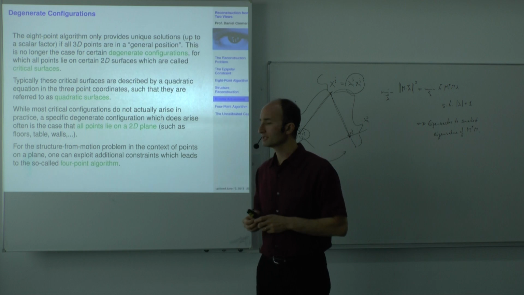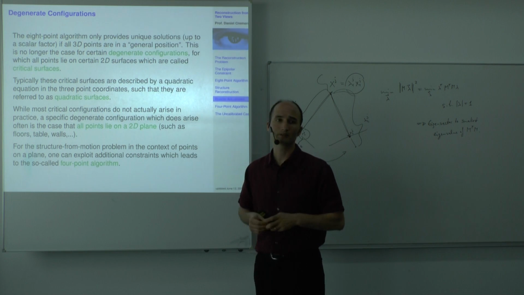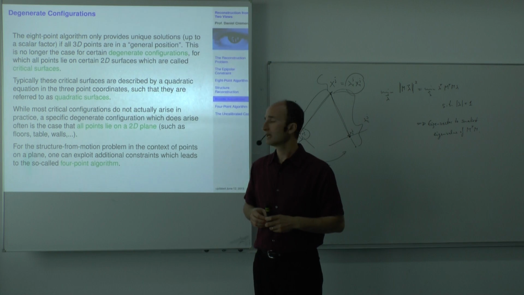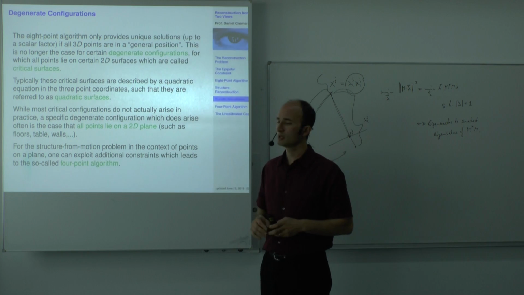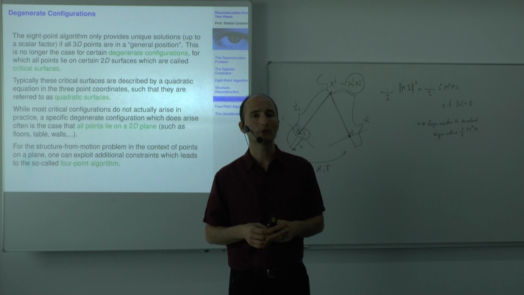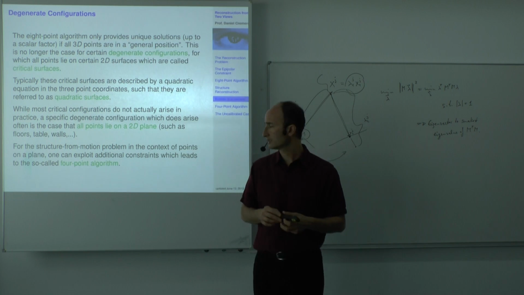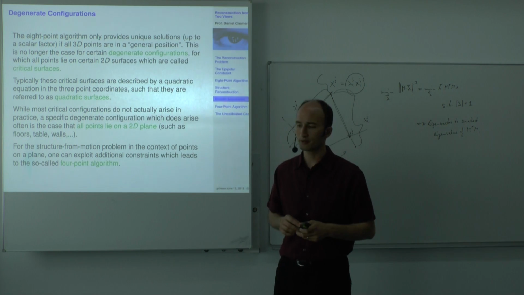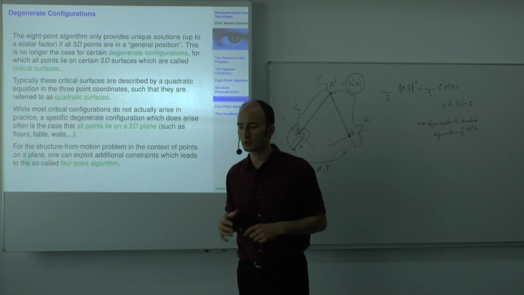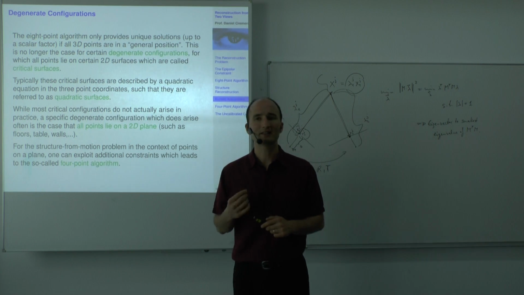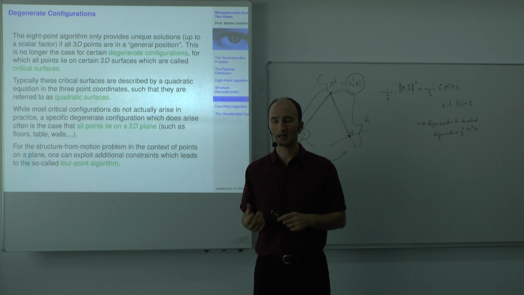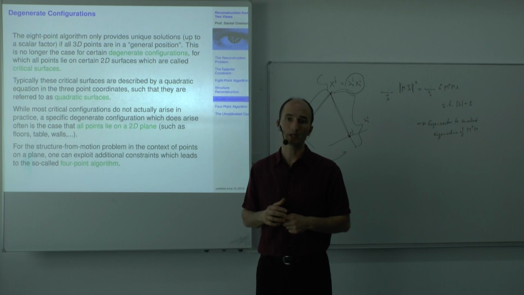Fortunately, for the case of planes, there exists an algorithm that is even simpler than the 8-point algorithm, and that can do reconstructions of structures where all points lie on the plane. This algorithm is called the 4-point algorithm, and its assumption is in some sense exactly the opposite of that underlying the 8-point algorithm.